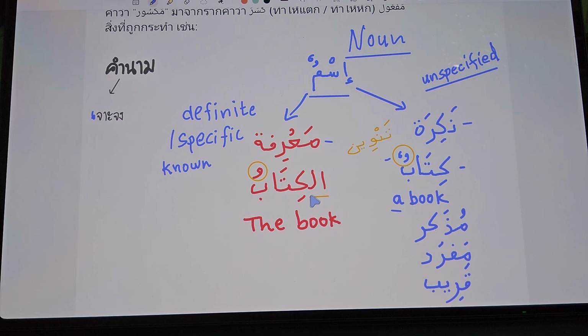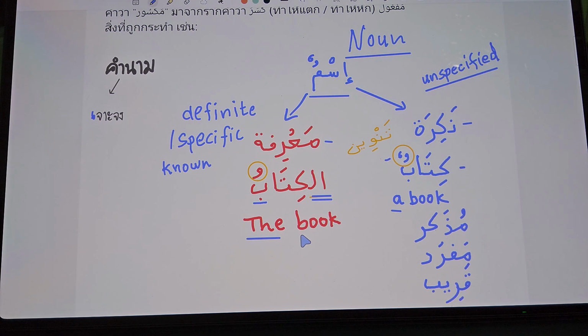But when we add alif lam, the ending changes to dhamma. We have dammatain, two dhamma, and one dhamma is cut out, so it becomes one dhamma. Even in English, when you add the, it is specific. So this alif lam is equivalent to the.